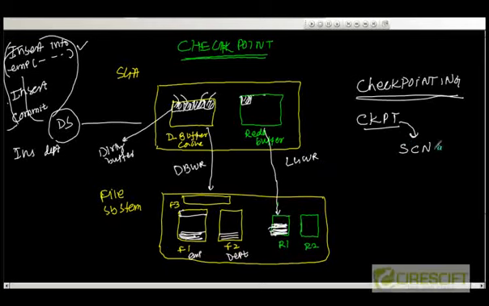Let's say the SCN number generated is 101. So it's going to modify this header to 101 and this header to 101. Nothing is going to happen to F3 because the DB writer has not written anything to the F3 file.